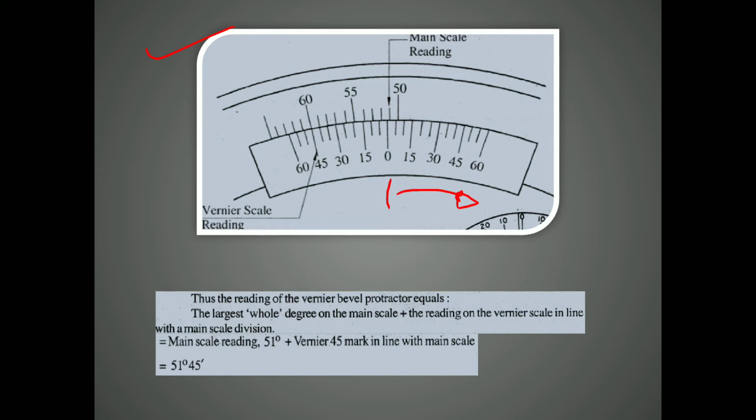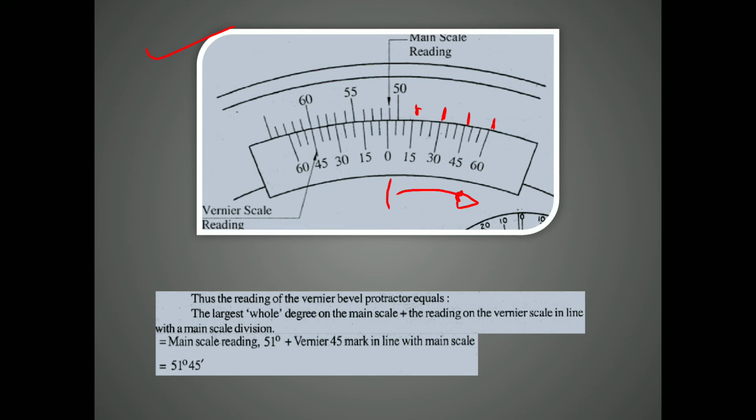There are 12 lines from 0, 1 2 3, third one is here, then again 1 2 3, third one is here, 1 2 3, 1 2 3.